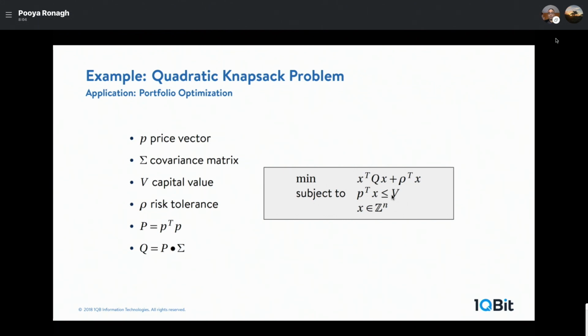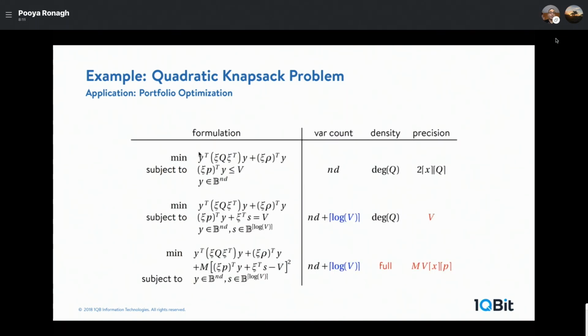To be able to solve this using an Ising model, we have to go through a set of conversions. We have to get rid of the integer variables in the knapsack and create binary variables. Then we have to change the inequality constraint to an equality constraint.